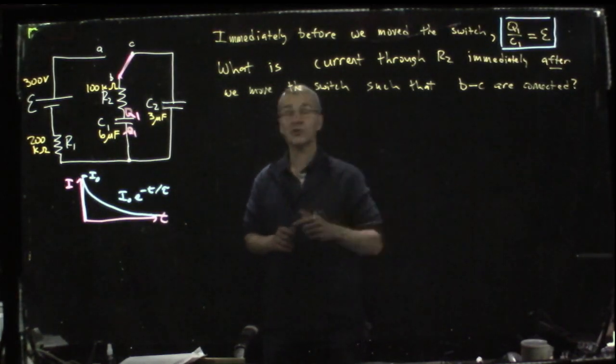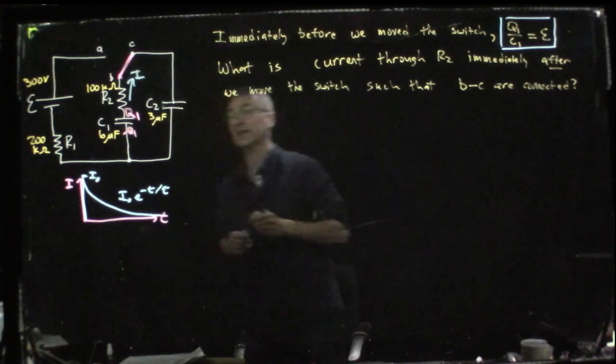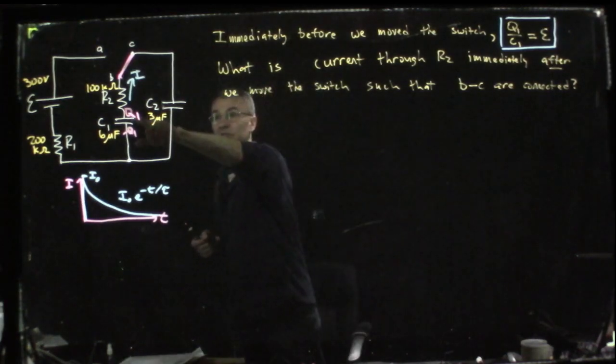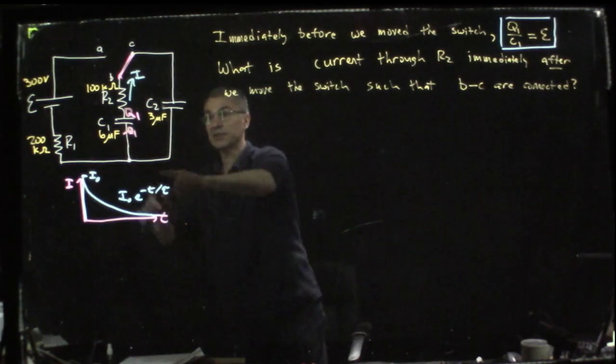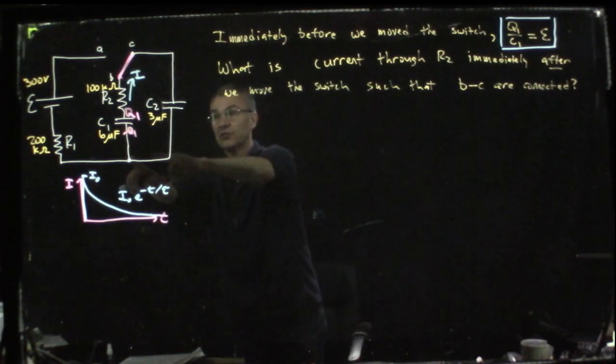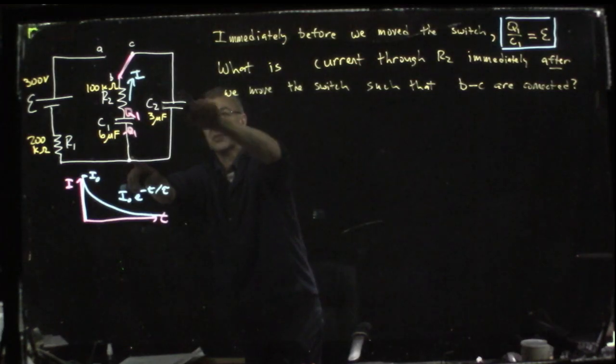What's the current through R2? I think it's going to be in this direction, so I'll draw the current this way. It has to be this direction because we've got positive charge. Let's call this 0 volts, and this is some positive voltage, and there's 0 charge here, so this is still 0 volts.